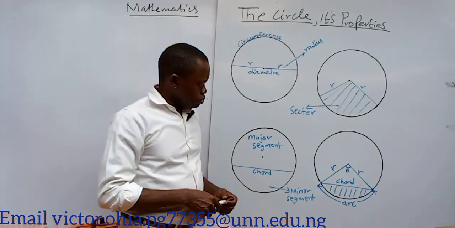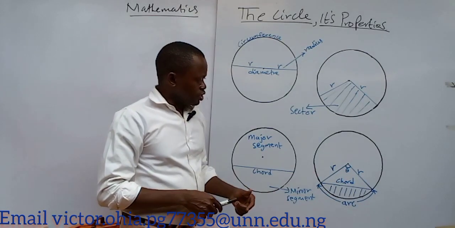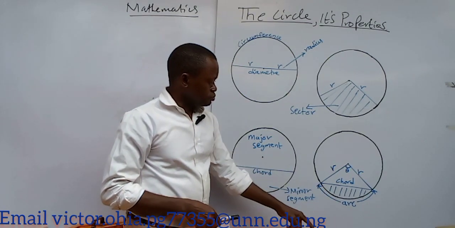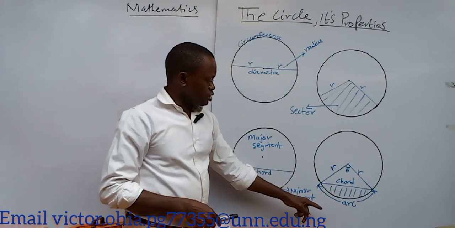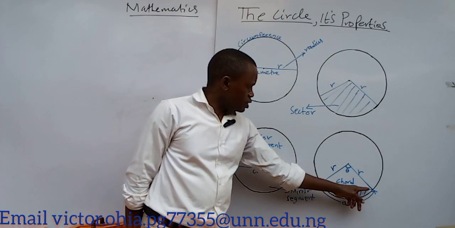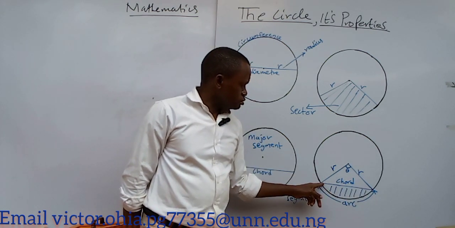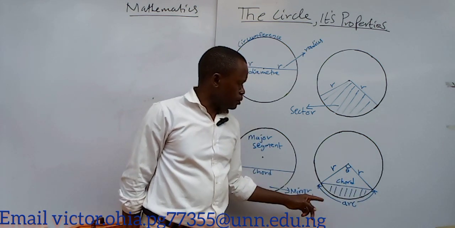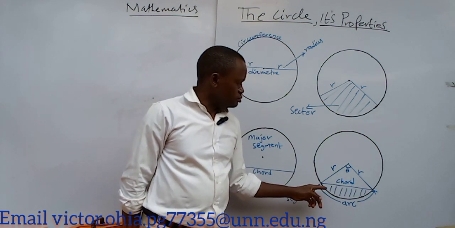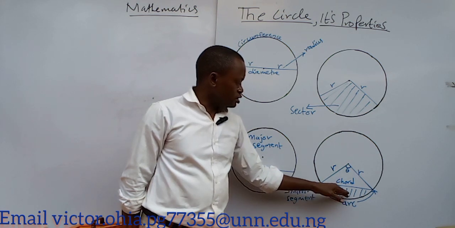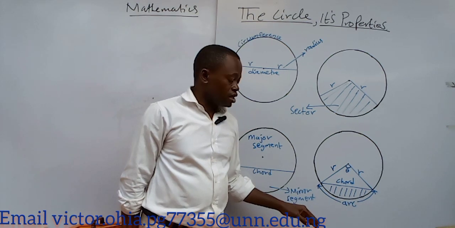If we come over here, we are also going to see something like a sector. But in this sector now we have a chord that touches two points on the circumference of the circle, and it has the minor segment under it.